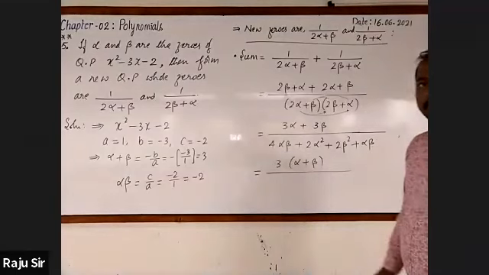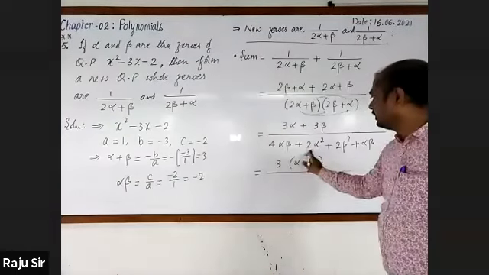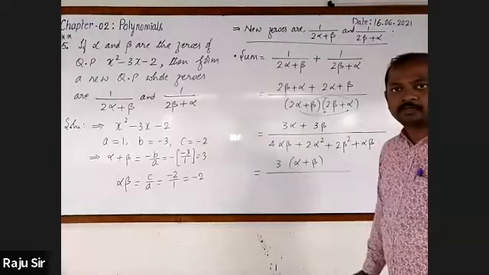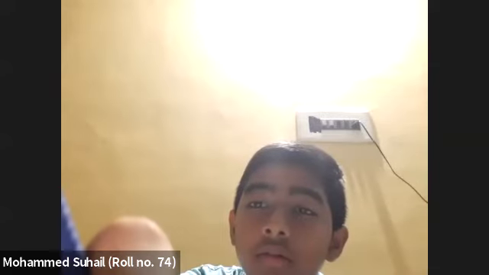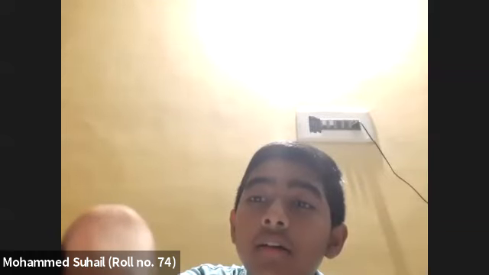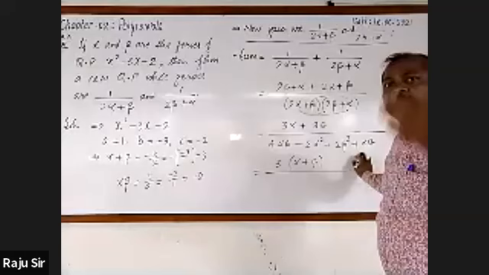Now you just observe it. In these terms, 4 alpha beta plus 2 alpha square plus 2 beta square, we can't go for 5 alpha beta. We can take the identity. Otherwise we will have to simplify again and split.